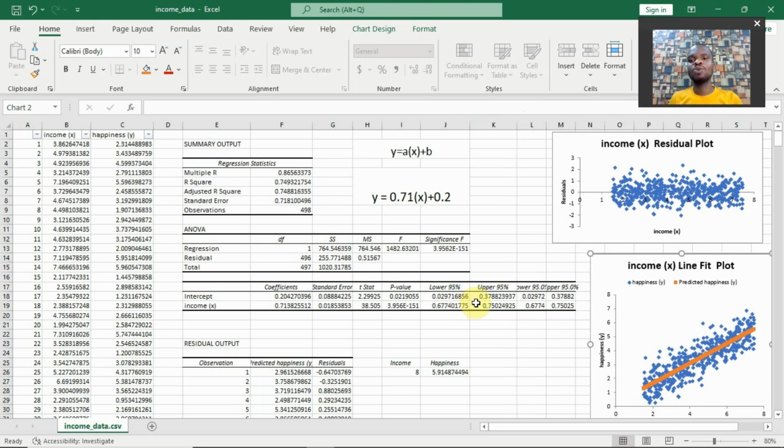These are bounds within which we want to say that our model can be. So we are saying that our model prediction of 0.71 for our value of A, the maximum value that meets our 95% is 0.75, while the minimum value is 0.67.